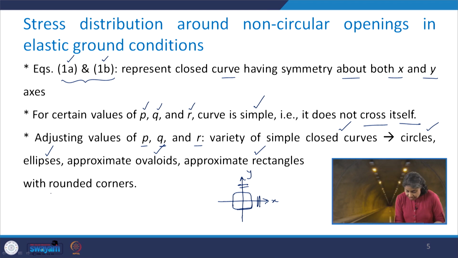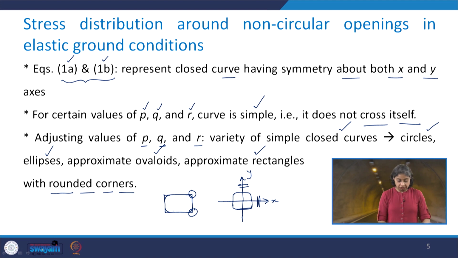Now here one has to take note of this term, rounded corner. We do not provide corners which are sharp, but we go for this kind of rounded corners. Why? You will learn in a short while.